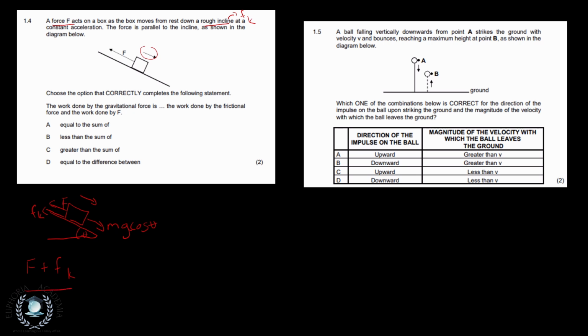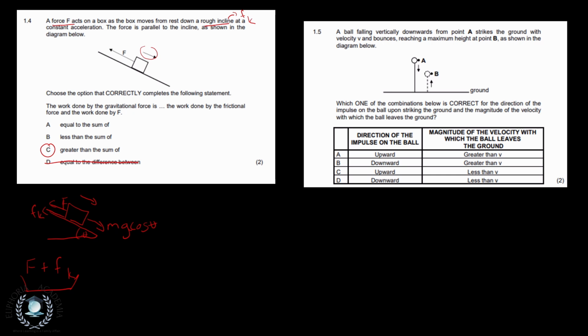So we essentially need to look for a statement that says the sum of. So already we can see that D is out. Okay, so we have to choose A, B, or C, but because this thing is moving down the incline, because there is motion, that means it has to be more than both of these forces, right? So the answer that we have is actually C.